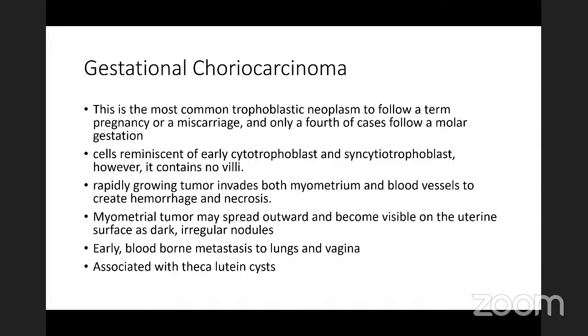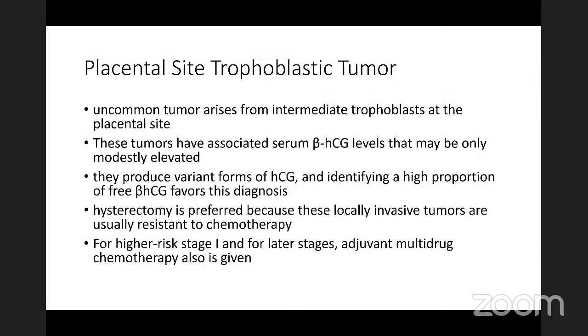It is a rapidly growing tumor which invades both myometrium and blood vessels, creating hemorrhage and necrosis. This may spread outward and become visible on the uterine surface as dark irregular nodules. There could be metastasis, which is blood-borne, to the lungs and the vagina. And this is closely associated with theca lutein cysts.